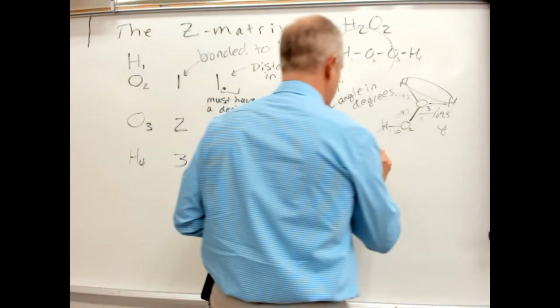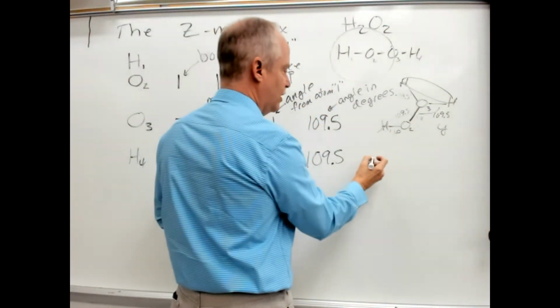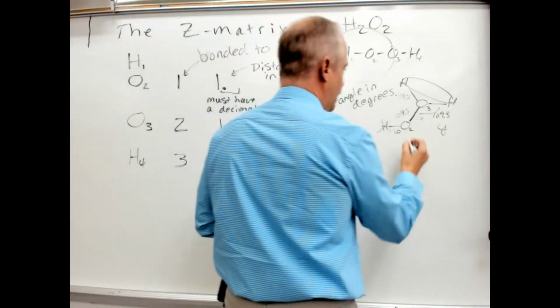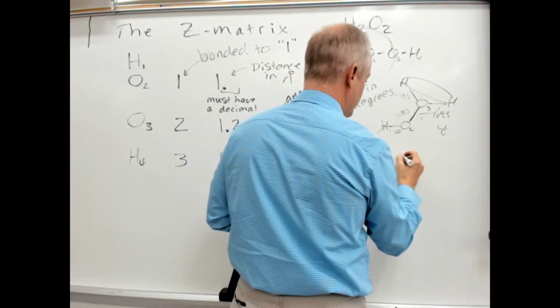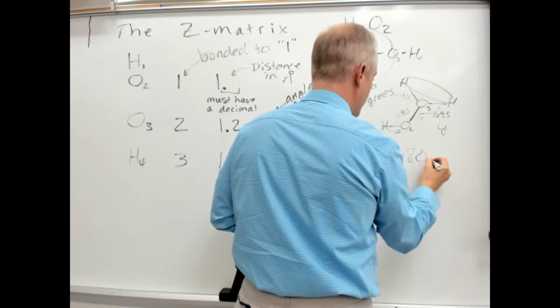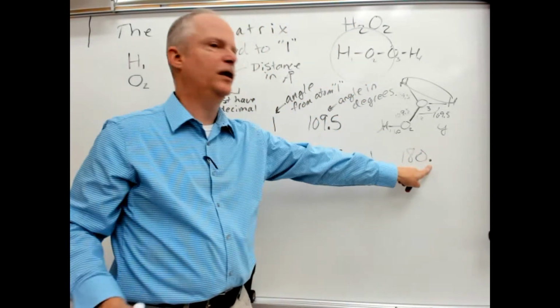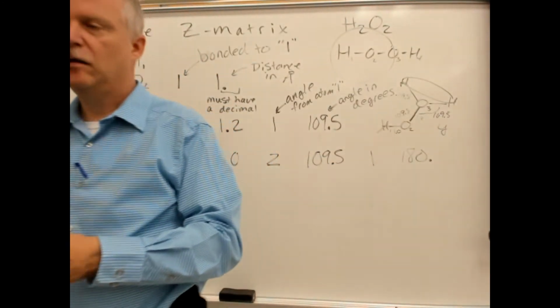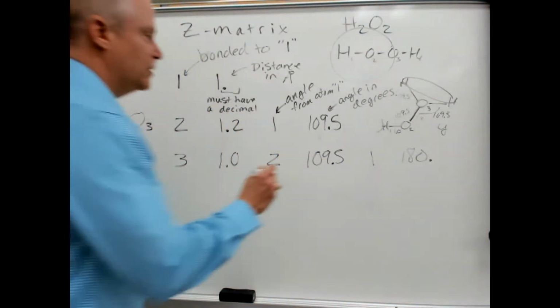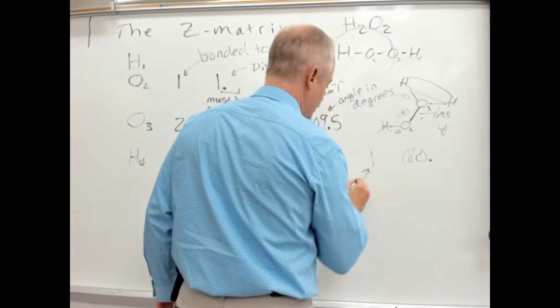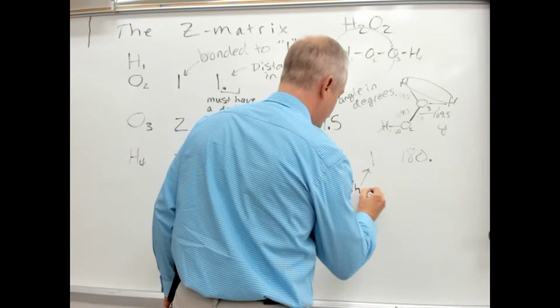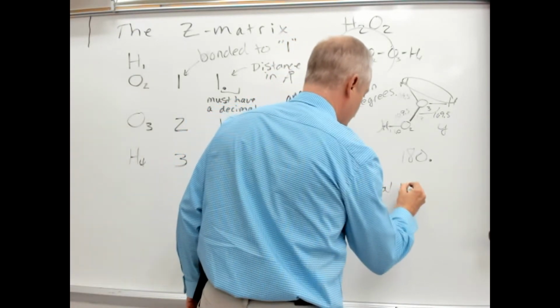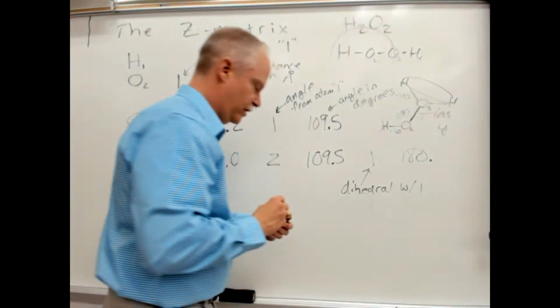Okay? And so what we'll say is hydrogen 1 or atom 1, and then let's say 180. And these also have to have decimal places. So it's a floating point number, so it's 180 dot. So this means dihedral with atom 1.